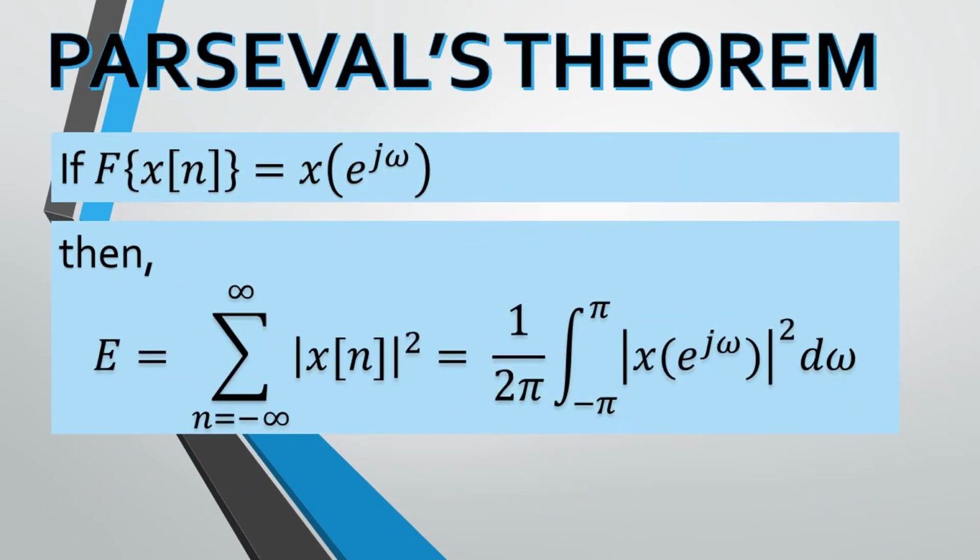The last property is Parseval's theorem. Parseval's theorem represents the energy density function of the discrete time domain signal.